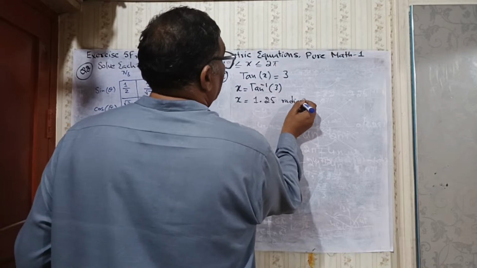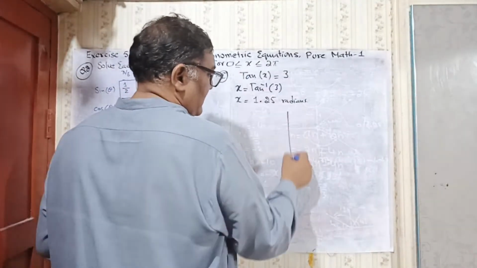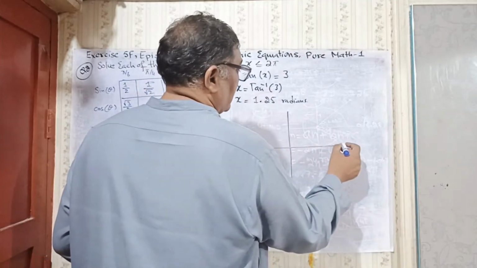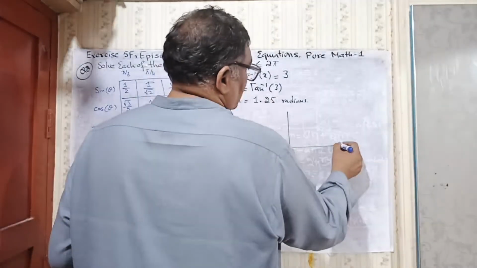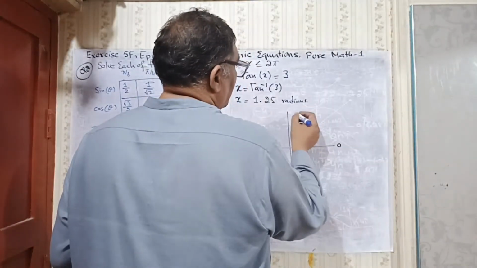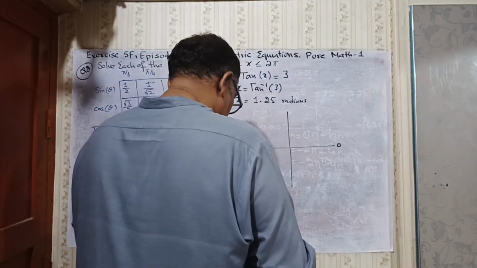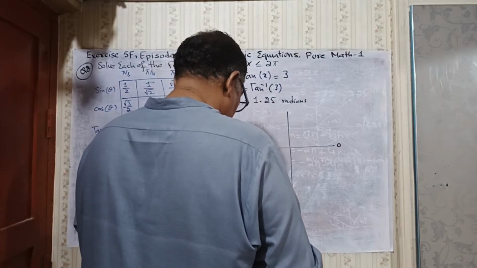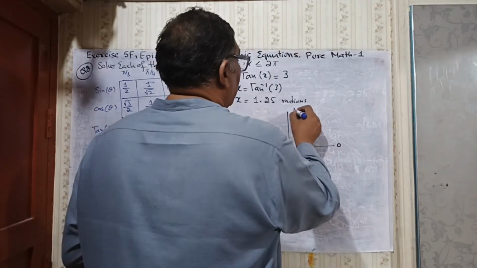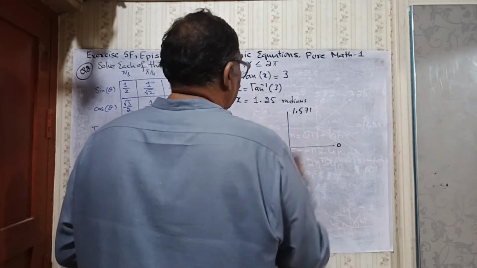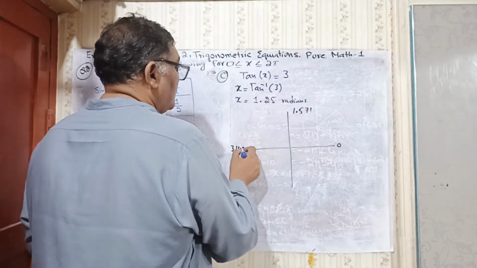Now, you know the tan is positive in these quadrants. Here you will have 0. Here you will have pi by 2, which means 3.142 divided by 2, and this will be 1.571. And here you will have 3.142 radians.